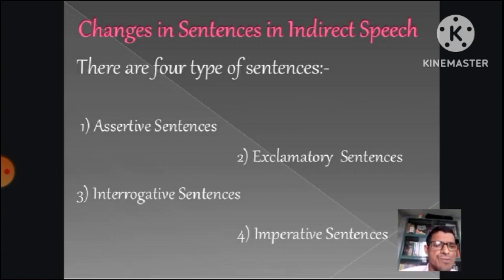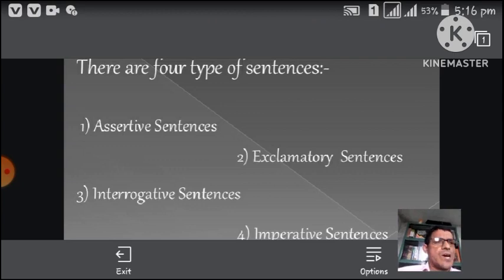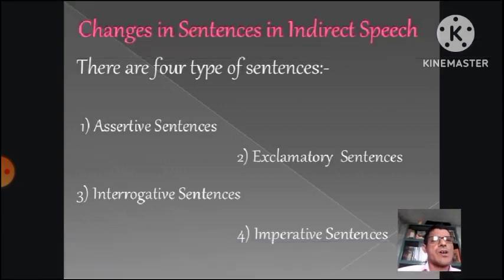These are the four types of sentence I'm going to talk about today, and in which type of sentence, what type of structure, what type of rule is used, that I'm going to talk about here. So now let's first talk about changes in sentence in indirect speech.